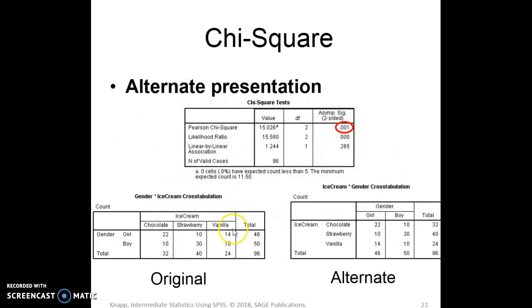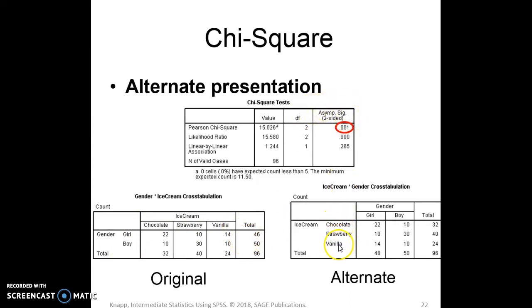Here are two ways to present that. Here's your table. No matter which way you present this, that table is going to come out the same. You're going to get the same significance. That is, if you make your initial chi-square table or data table with the girls and boys in the column over here on the left, and what I call the independent variables across the top, you're going to come up with that value.